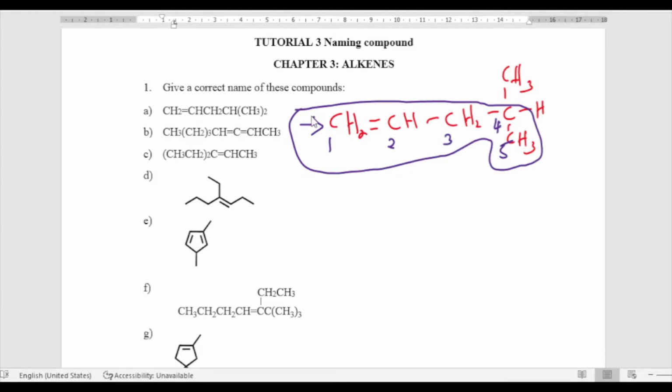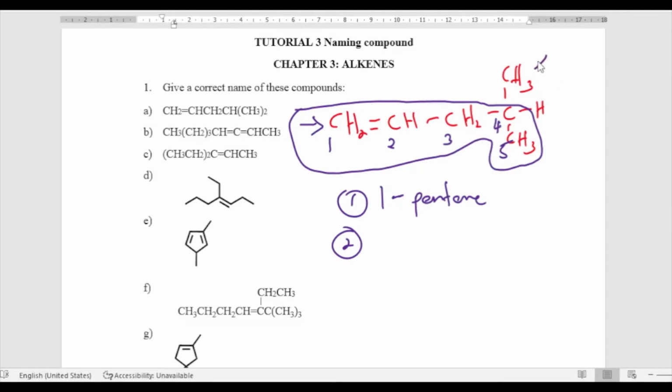From here, we know that the longest chain is 5 carbons. 5 carbons means pentene. Don't forget the position of the double bond. The double bond is attached to carbon number 1, so 1-pentene. So this is the parent chain. Then second, you identify the substituent, which is this one.